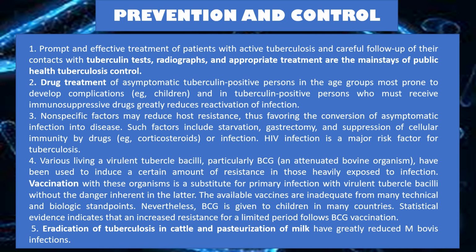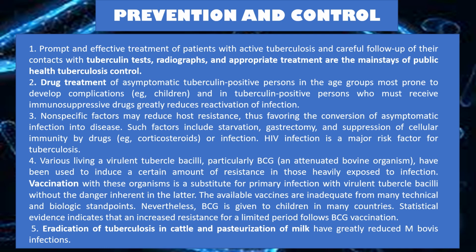The available vaccines are inadequate from many technical and biological standpoints. Nevertheless, BCG is given to children in many countries. Statistical evidence indicates that an increased resistance for a limited period follows BCG vaccination. And lastly, eradication of tuberculosis in cattle and pasteurization of milk have greatly reduced M. bovis infection.